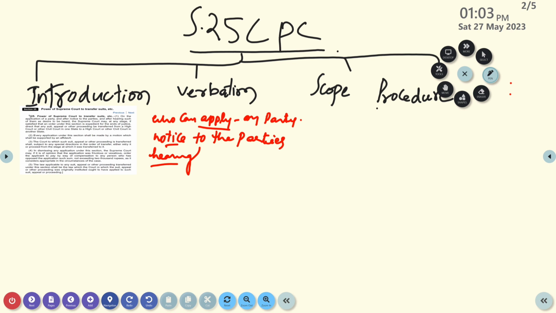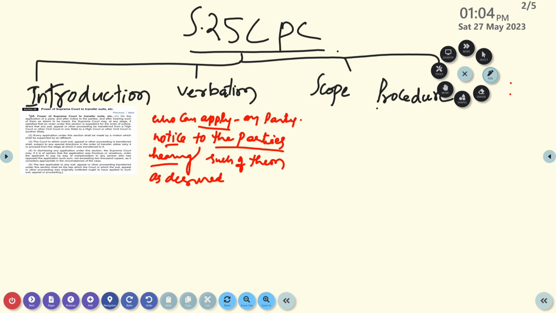Hearing to whom? Such of them, that means all the parties. Hearing of such of them. How is the hearing to be done? As desired.